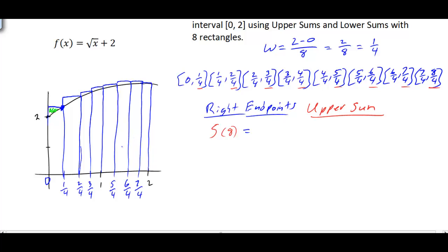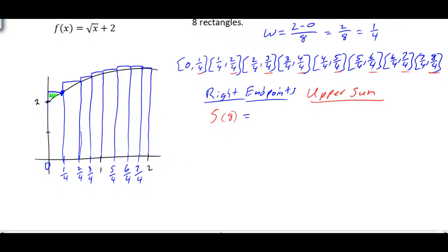And your graph doesn't have to be quite accurate, so you can see that mine isn't. The key thing is you want to get a visual indicating here that we are looking at the upper sums, and that way you can also see that we are definitely using the right endpoints. So we're using 1/4, 2/4, 3/4, 1, 5/4, 6/4, 7/4, and 2. So again, we're going to leave off the 0 for this one.